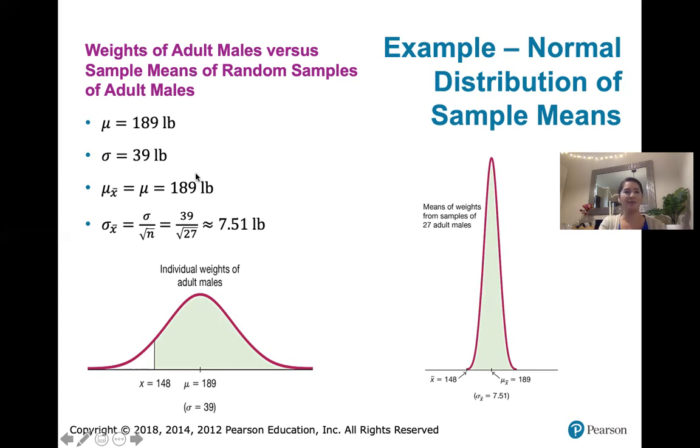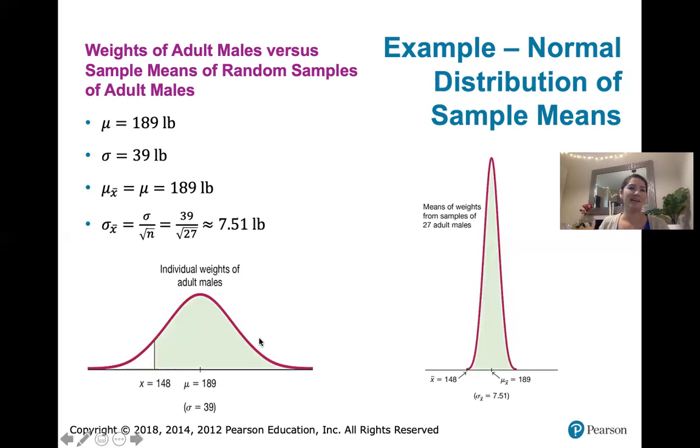So what this is saying is, with the original sample, that measure of the variation in the sample that we call the standard deviation is 39 pounds. So that is going to tell us, remember, what percentage of people fall within 1 standard deviation of the mean, or 2 standard deviations of the mean, and so on. That standard deviation just tells us how much this graph is spread out.